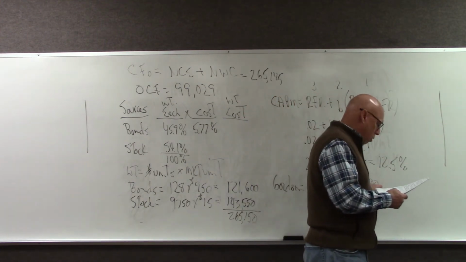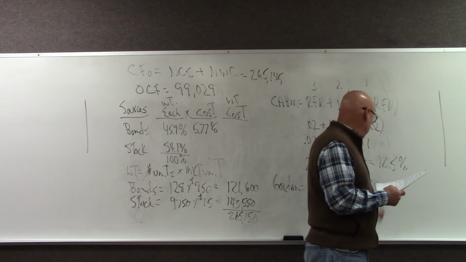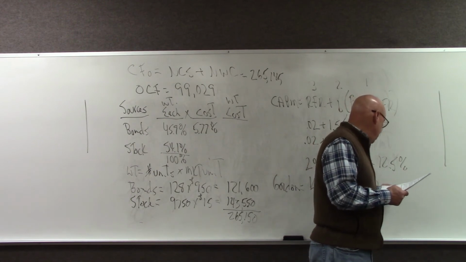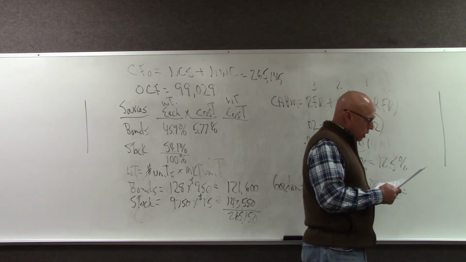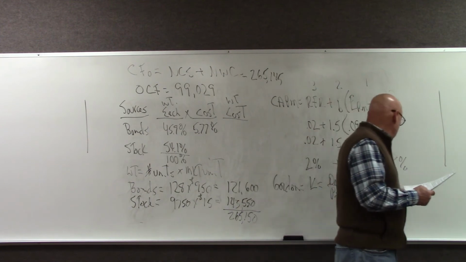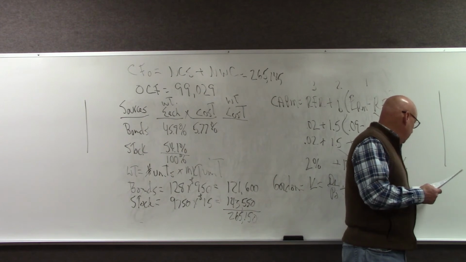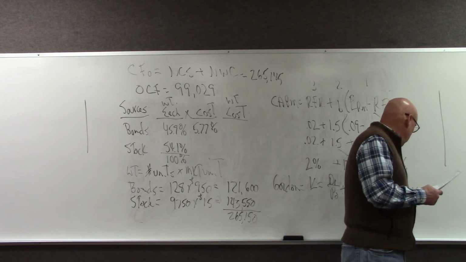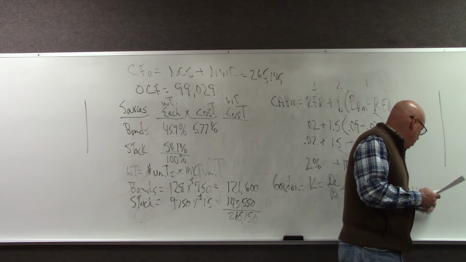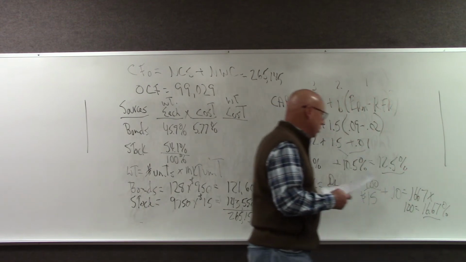And we hope to grow it by, what's the growth rate? The growth rate is 10%, 0.1. And so $1 divided by 15 plus 0.10 is 0.1667 times 100 equals 16.67%.